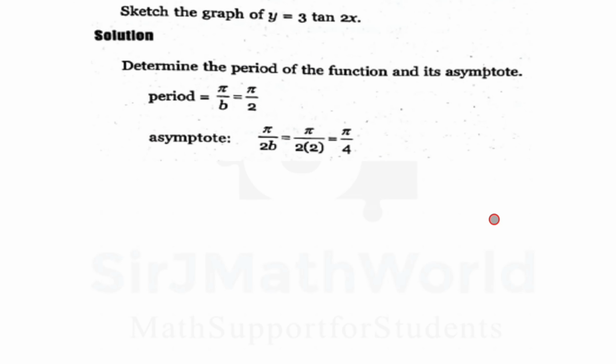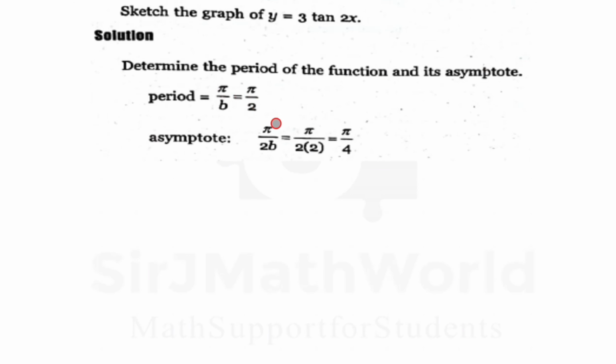Next is for the tangent. Sketch the graph of y is equal to 3 tan 2x. We have to determine the period of the function and its asymptote. The solution here for the tangent is not the same as for sine and cosine. For sine and cosine, the period has the formula 2 pi over b.